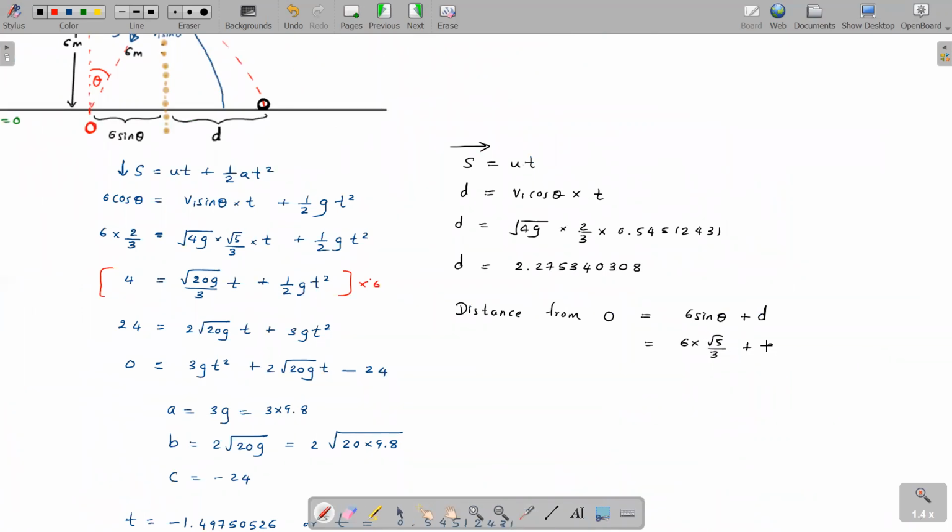So 6 sine theta plus the D value, 2.27534340. Just give the whole thing.